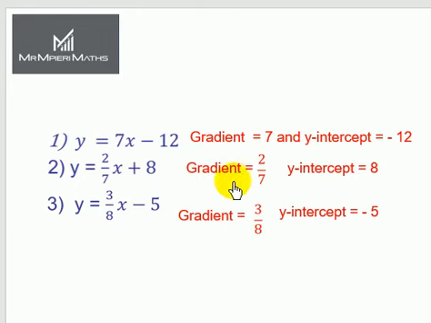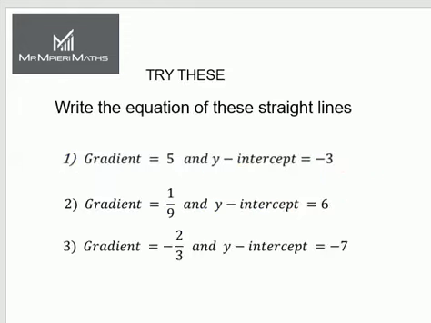Second one, the gradient is 2/7 and the y-intercept is 8. This one, the gradient is 3/8 and the y-intercept is minus 5. Did you get them all right? Try this. Press pause. When you're done, press play.